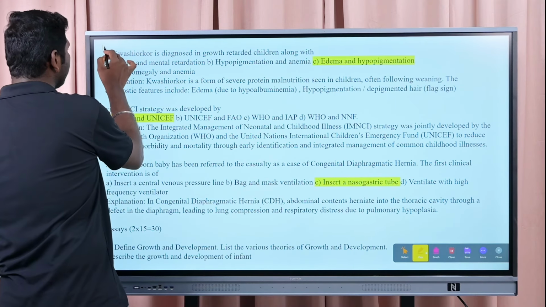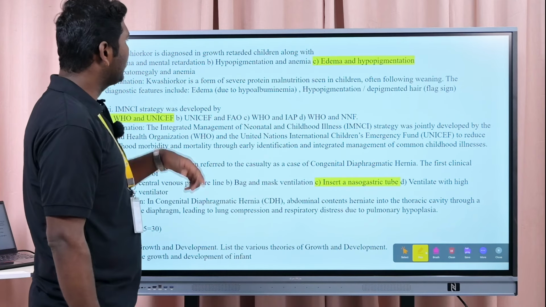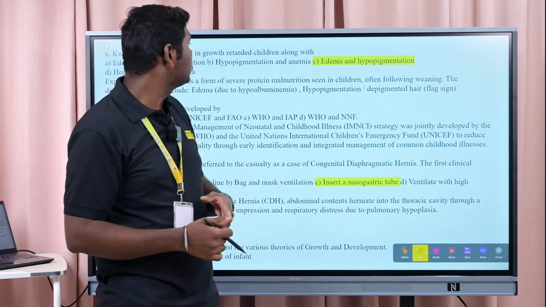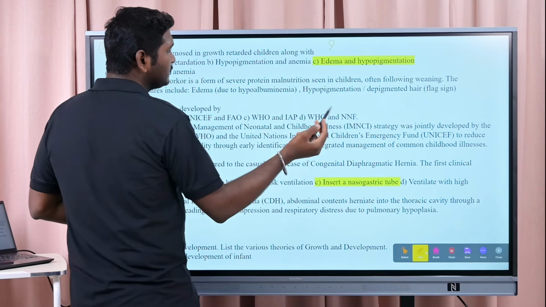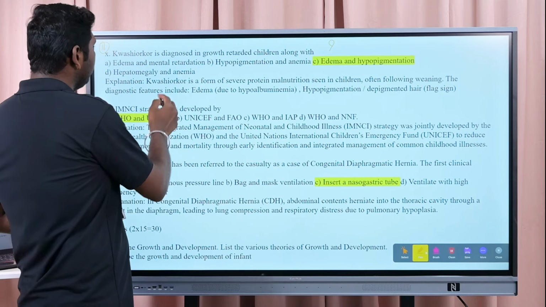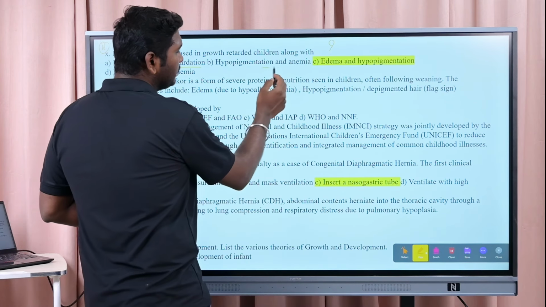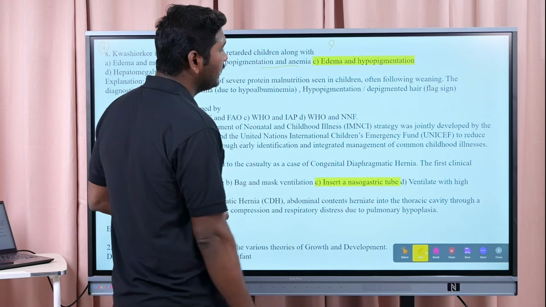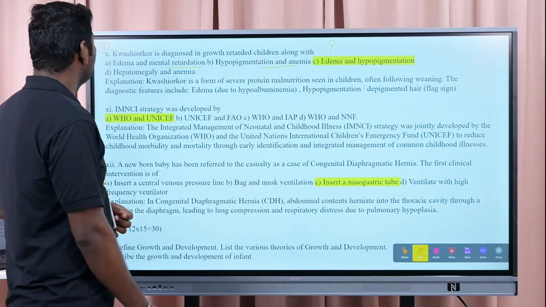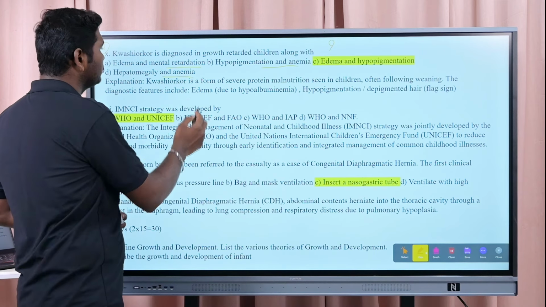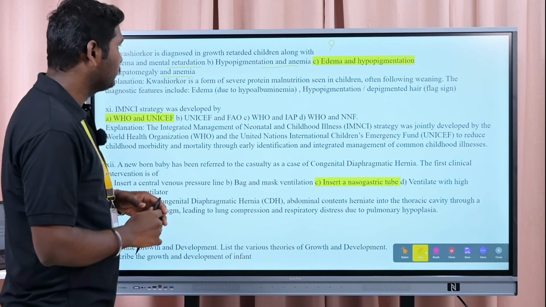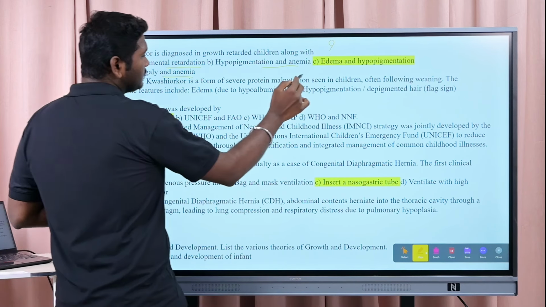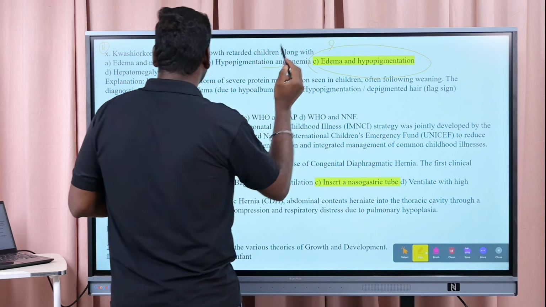Next is the 10th MCQ. Kwashiorkor is diagnosed in growth retardation children along with which signs and symptoms? A, edema and mental retardation; B, hypopigmentation and anemia; C, edema and hypopigmentation; and D, hepatomegaly and anemia. The correct answer is edema and hypopigmentation.